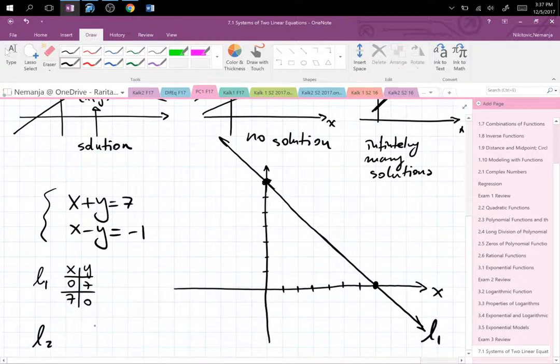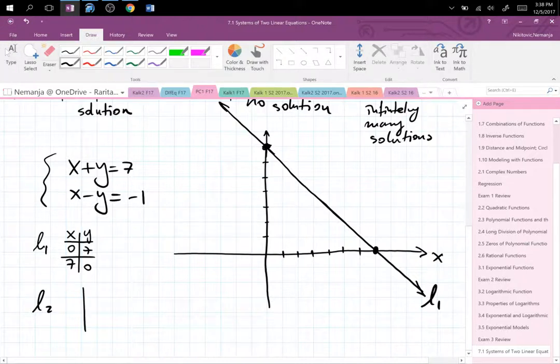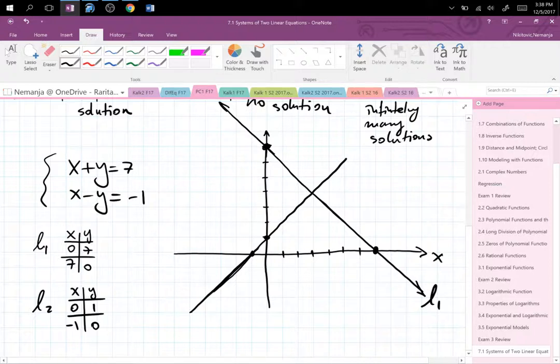For the line 2, we also have standard form. When x is 0, y is 1, right? Because you have negative y equal negative 1, so y is 1. And when y is 0, x is negative 1. So negative 1 on x and 1 on y, and then we go like that. And that's our line 2.